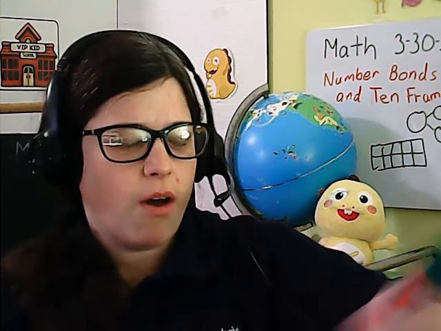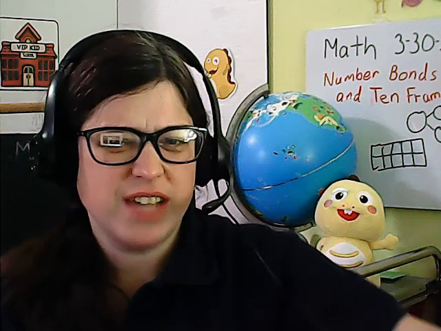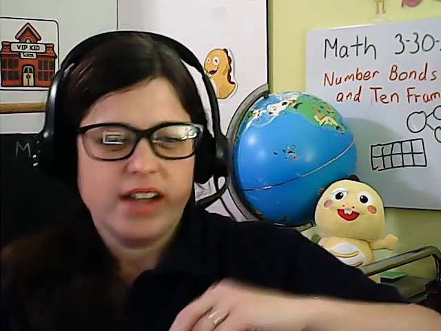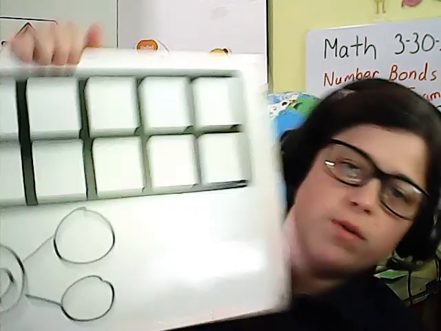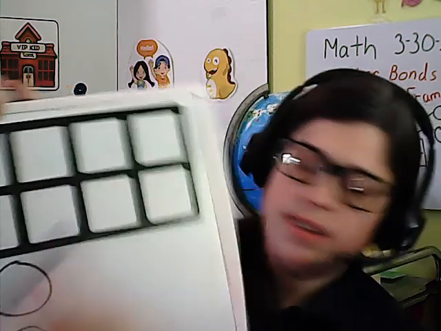You can follow along with your cubes. Make sure you have 10 of them and some type of tin frame. I am going to fill some of my holes with counters.